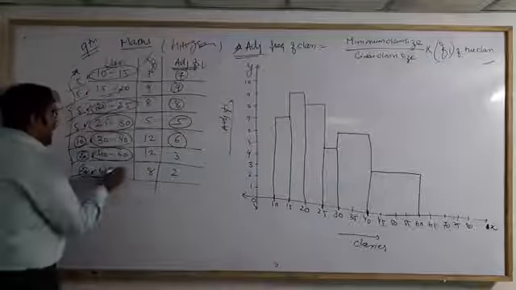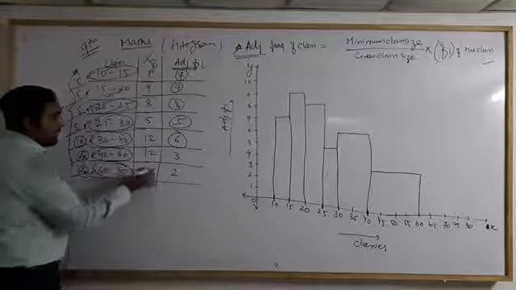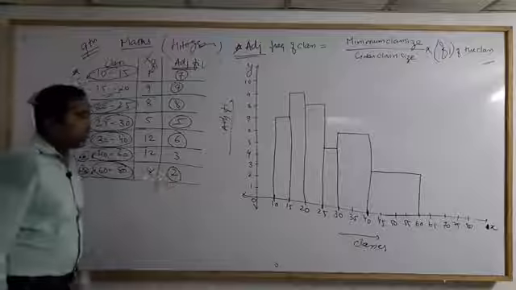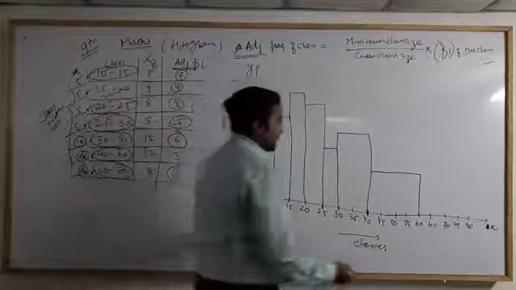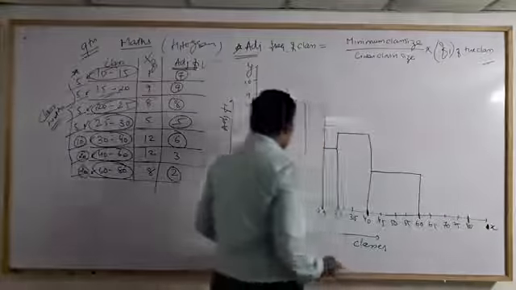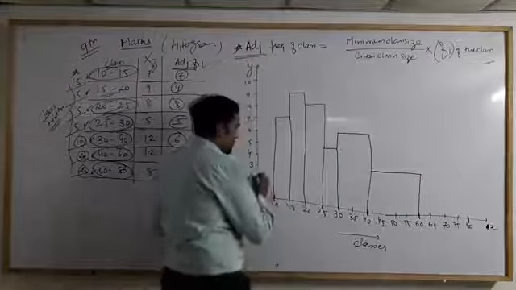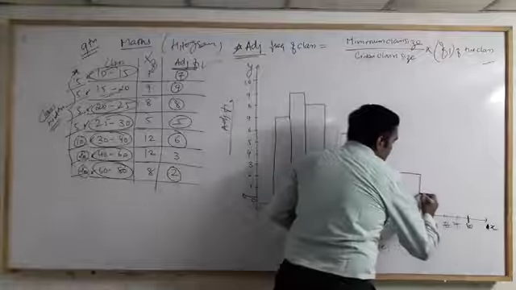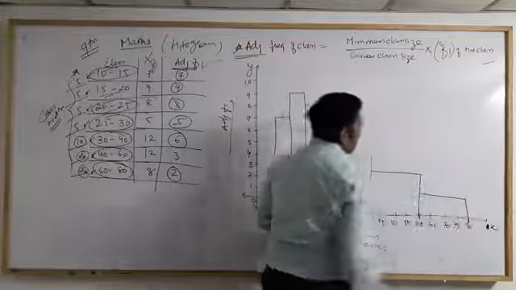Now my last class is 60 to 80 and the adjustable frequency is 2. So from 60 to 80, my adjustable frequency is 2. So I'll show that like this.